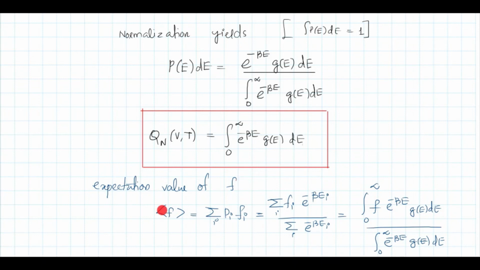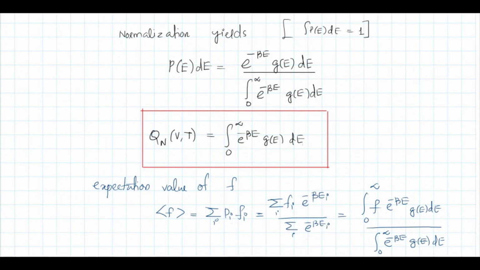Now, the expectation value of f, or mean value of f, is sigma f_i p_i. This is the case with the discrete system, where p_i is e raised to minus beta E_i divided by sigma e raised to minus beta E_i.